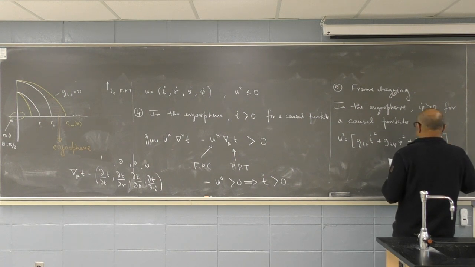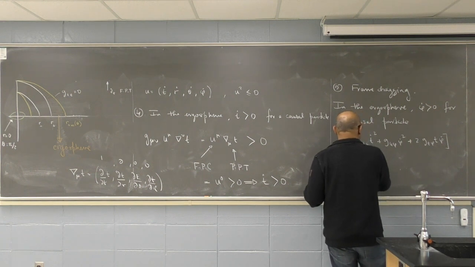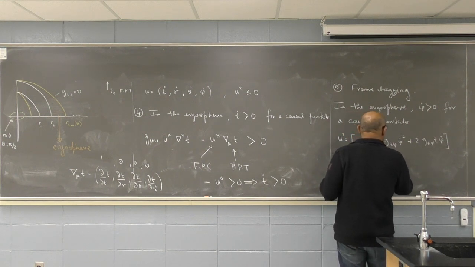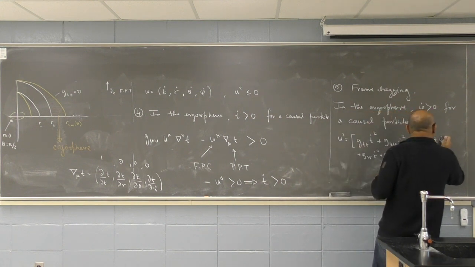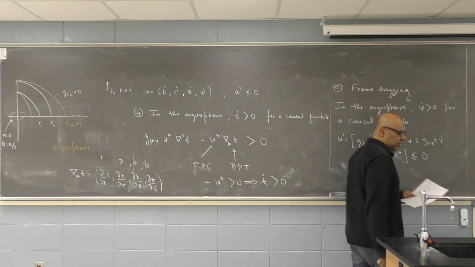There's more: g r r r dot squared plus g theta theta theta dot squared.